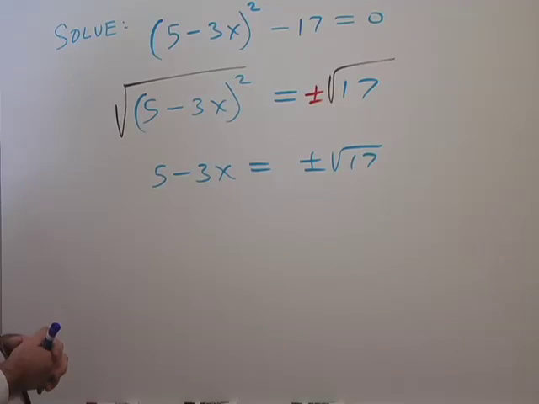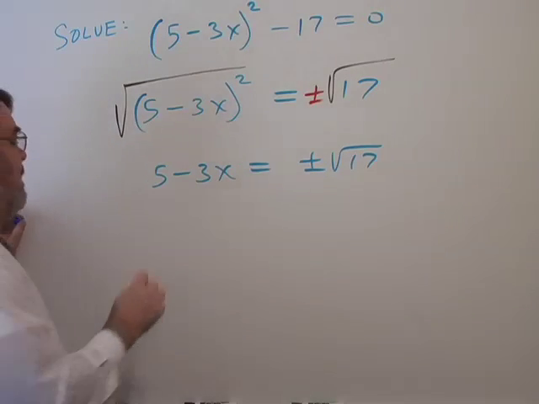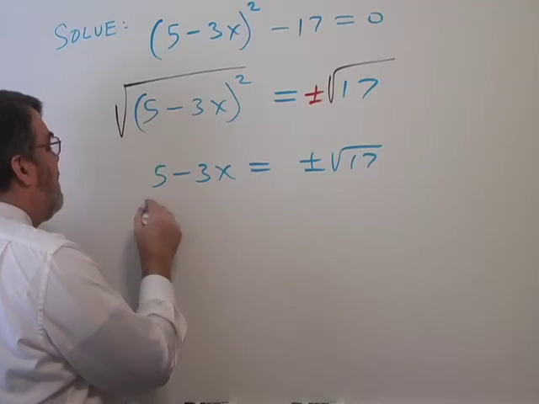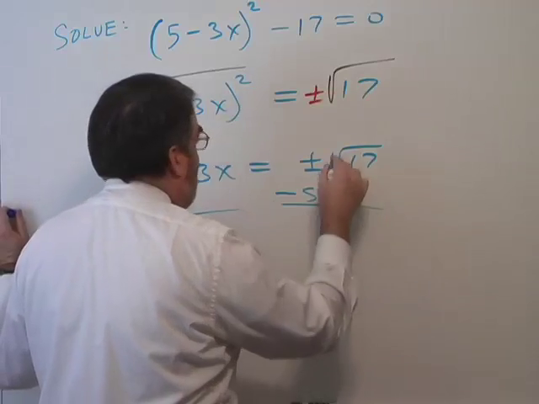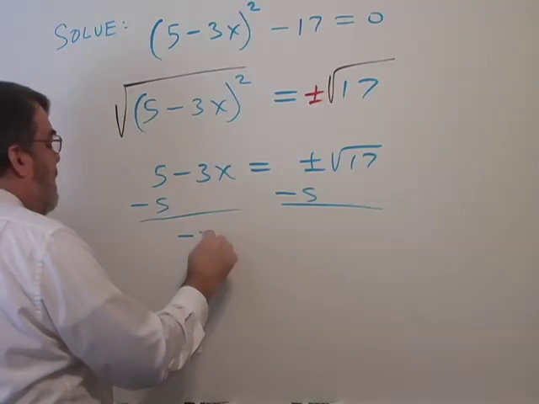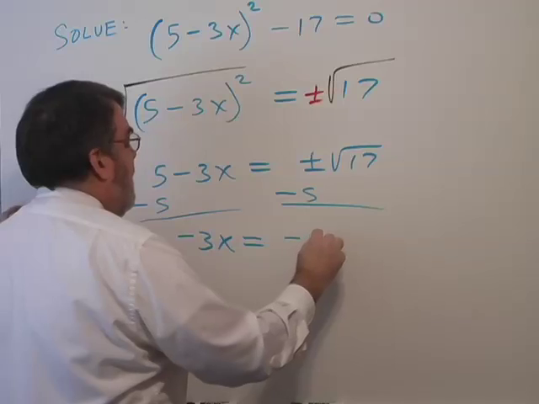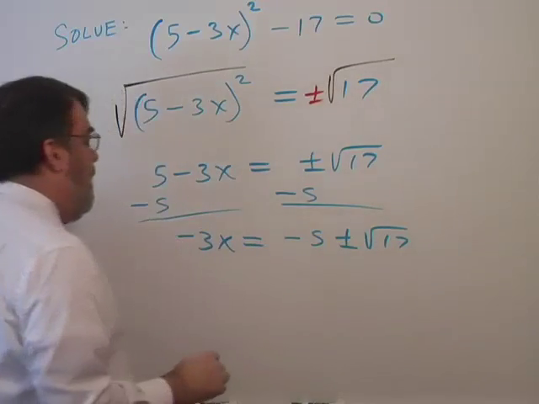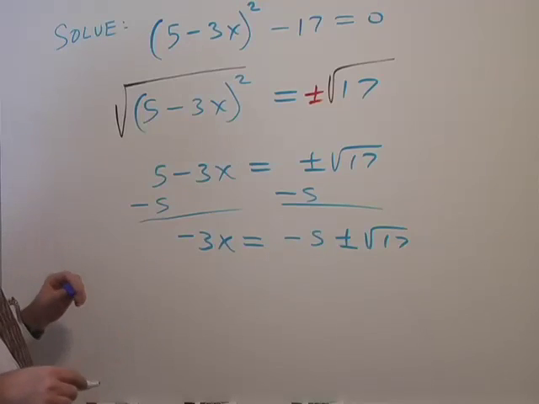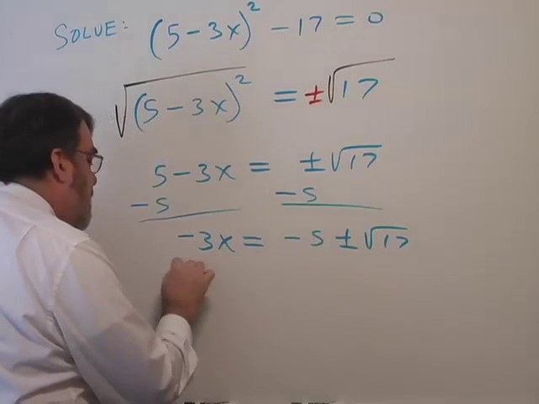Well, let me do it. Subtract 5 from both sides. I can't combine these together, so I end up with negative 3x equals negative 5 plus or minus square root of 17. And to finish, and this is where the trickiness comes into play, I'm going to divide by negative 3.